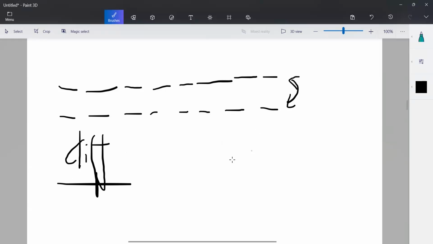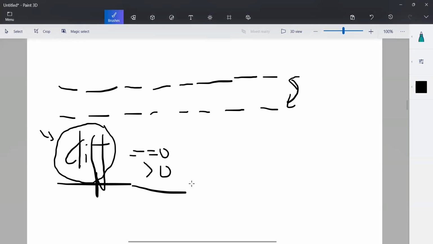On the basis of only this variable, we can tell whether these 2 strings are the same or not. How? If this difference is equal to 0, that means these strings are actually equal. Otherwise, if the difference is more than 0, these 2 strings are different.